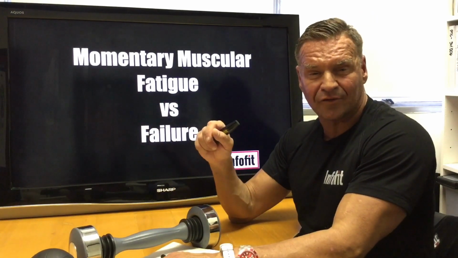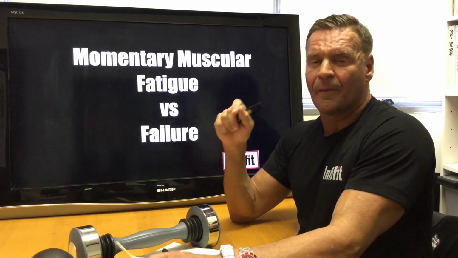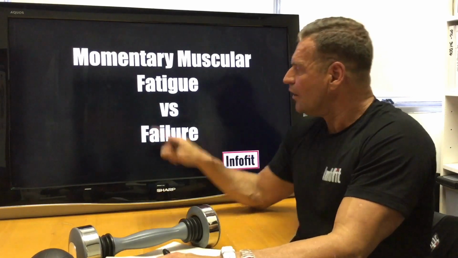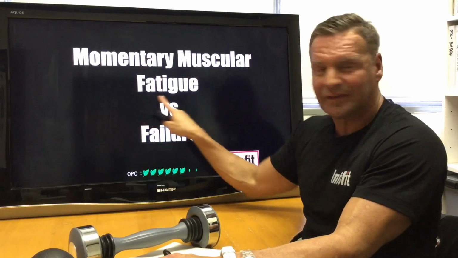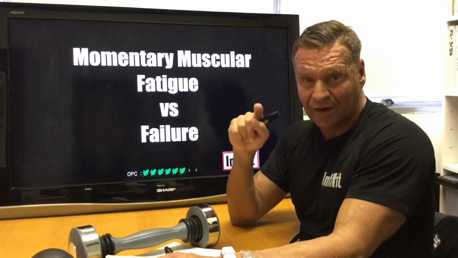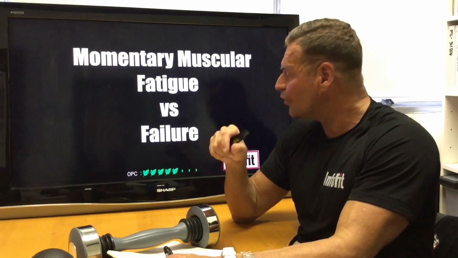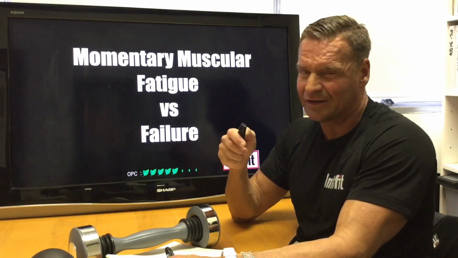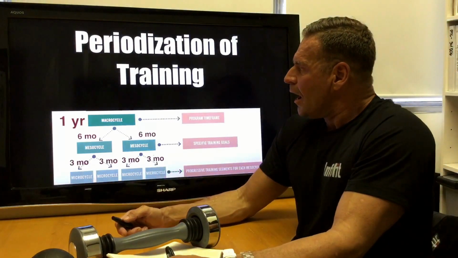You push through the concentric, and it's really difficult for you to put the weight down with good form. So I would focus myself on fatigue. A lot of people use failure. They probably mean that they want to train to fatigue. If you go into failure, you lost your form, and that's not really safe. So try to avoid that.